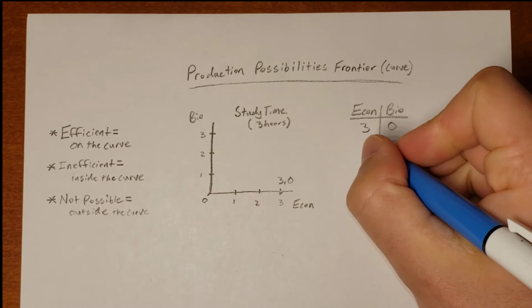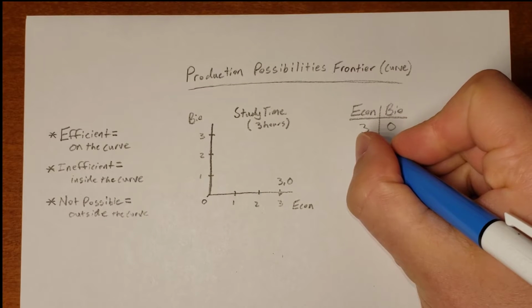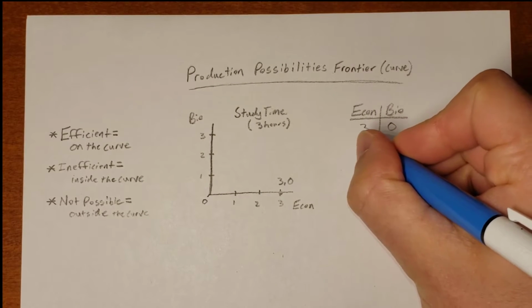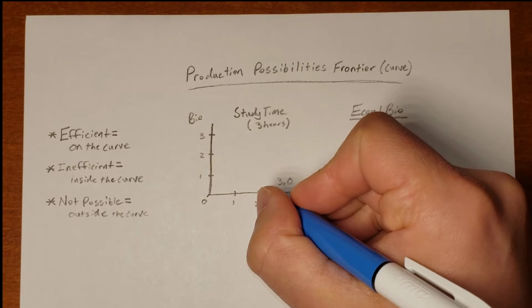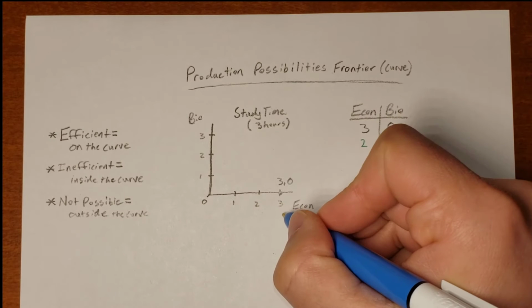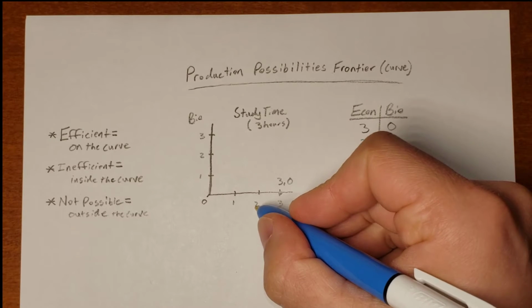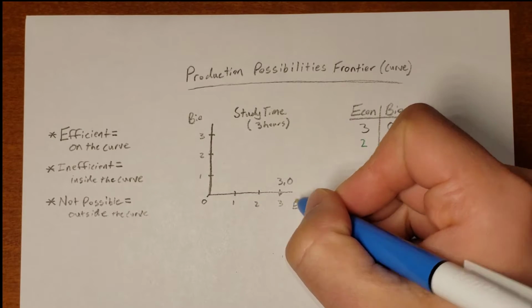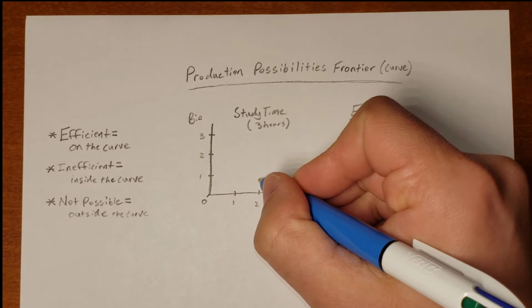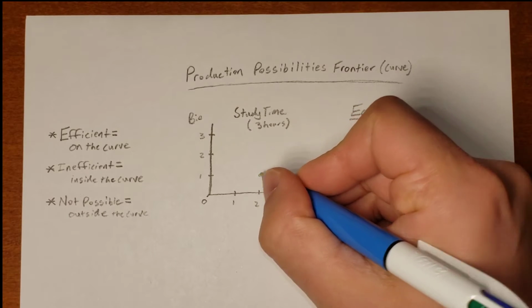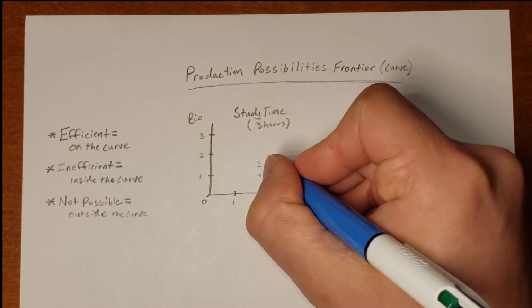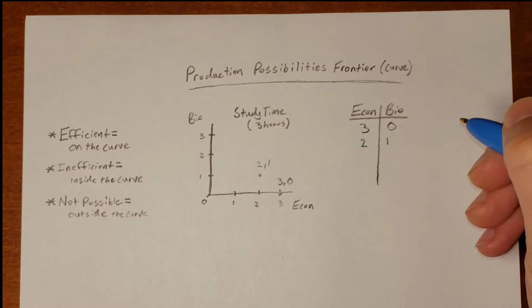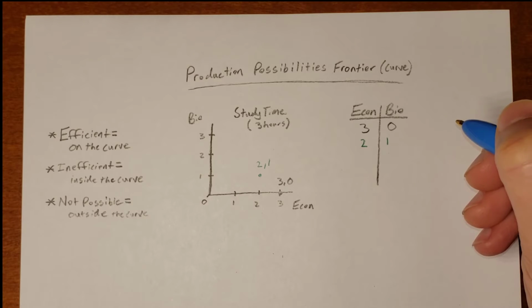Another combination that we could do is we could decide to study 2 hours of economics and 1 hour of biology. So we're going to move from 3 to 2 on the economics axis and move up from 0 to 1 for biology. So we're now at 2 and 1. 2 hours of economics, 1 hour of biology.